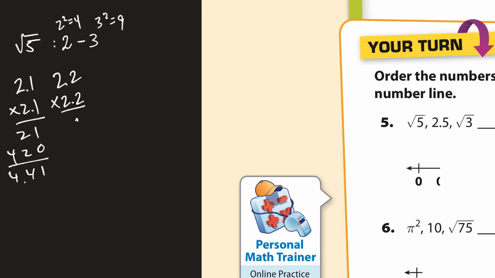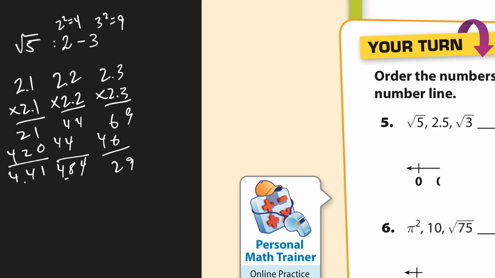So that's 4.84. Let's go 2.3 times 2.3, which is 5.29. So it's in between 2.2 and 2.3. So let's call it 2.25.